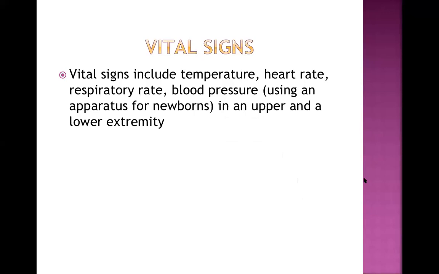Newborns are the smallest creatures, so a very large sphygmomanometer cannot be used to record the blood pressure in them. Blood pressure is usually measured in an upper and a lower extremity. If you suspect a congenital cardiac lesion like coarctation of the aorta, this is a must. Otherwise, simply measuring in the upper limb may be enough.